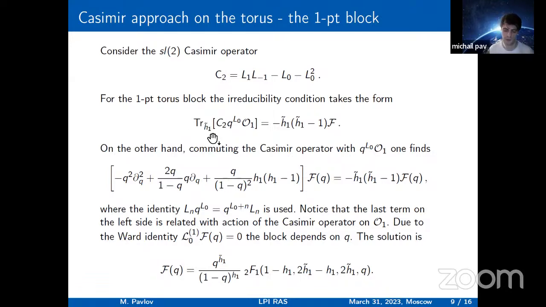In many-point necklace blocks, we have several brackets because we insert projectors, and these brackets are in projectors. So for example, in the 2-point necklace block, we have two opportunities to insert this Casimir operator.